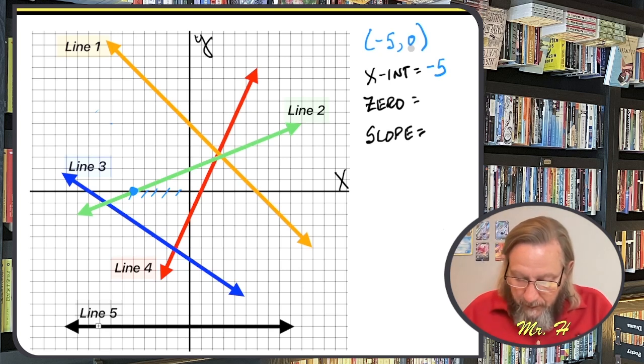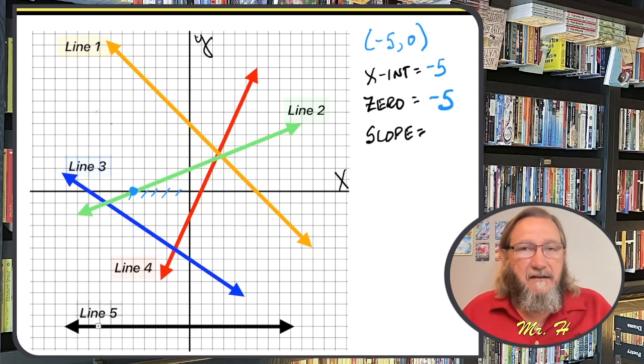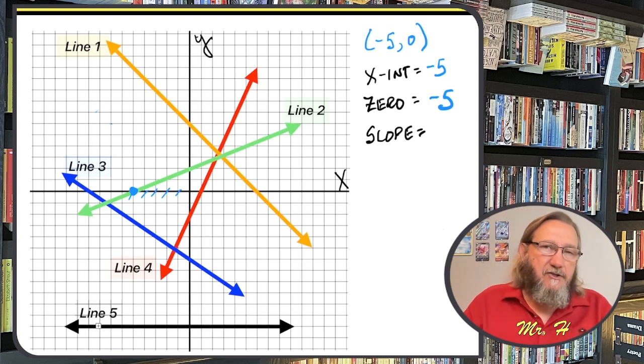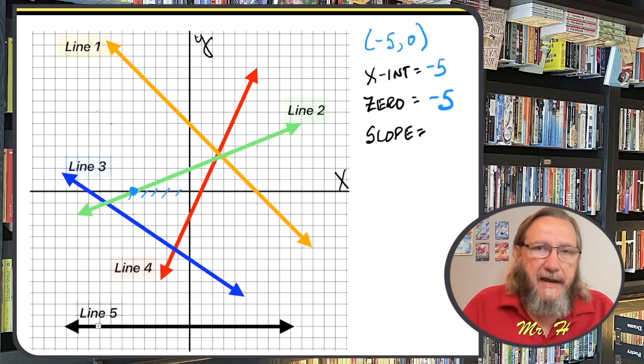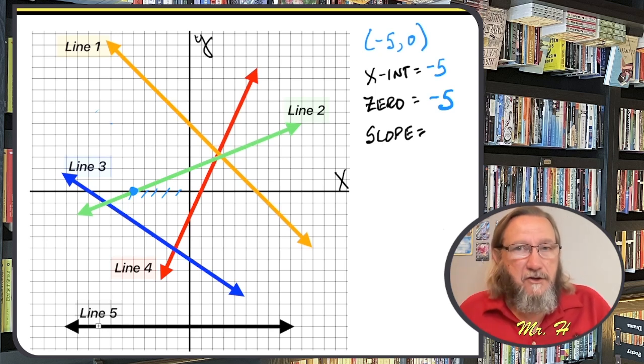I spoke earlier about a 0 and an x-intercept being the same thing. It's different names for the same point. And so the reason we have a different name for it is because sometimes we're wanting just to talk about where it is crossing the axis. Other times we want to know where the value of the function is 0. Well, negative 5, 0 tells us that the value of the function is 0.